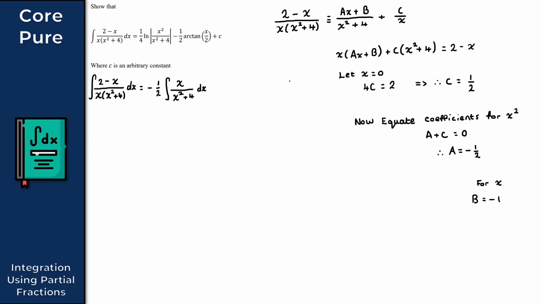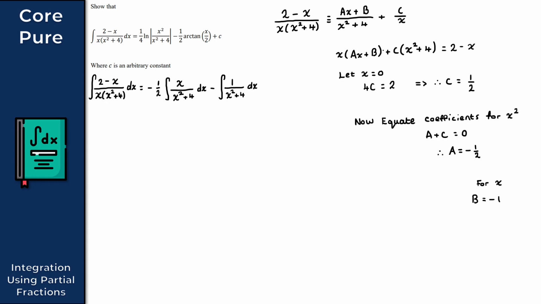Moving on, we now have b over x squared plus 4 here. Given that b is equal to minus 1, nice and straightforward, we simply get minus the integral of 1 over x squared plus 4, again integrating with respect to x.